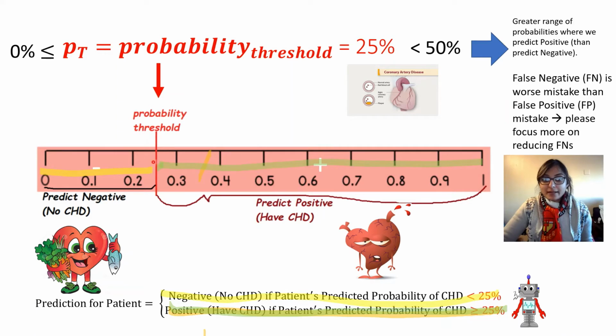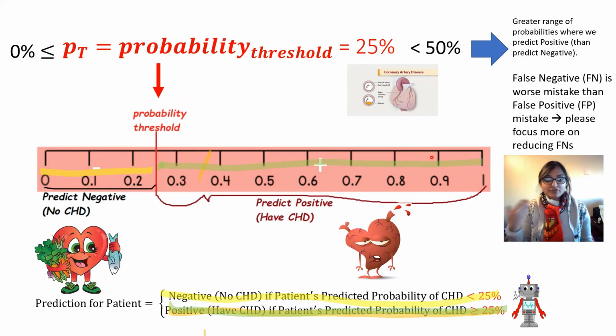So we are decreasing that probability threshold from 50% down here. 50% is the equal errors, false negative is false positive, but since we are reducing the threshold, we are making the range where we say somebody is positive even like 25%, 26%, anything.